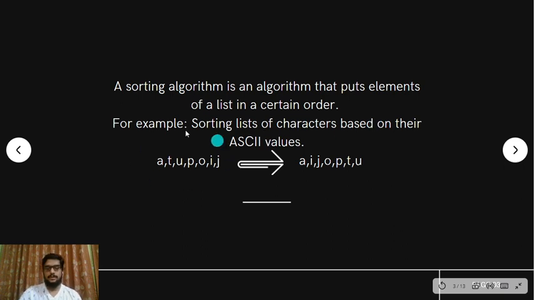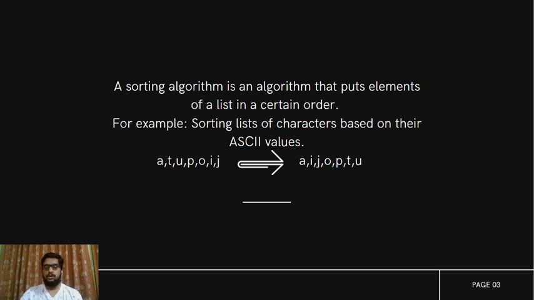On the left-hand side, I have the English characters that are jumbled. On the right-hand side, I have the sorted English characters based on their alphabets. So this has been sorted based on their ASCII values. Such an algorithm which does sorting by using some comparison operator is known as a sorting algorithm.